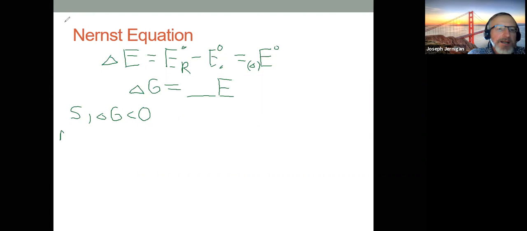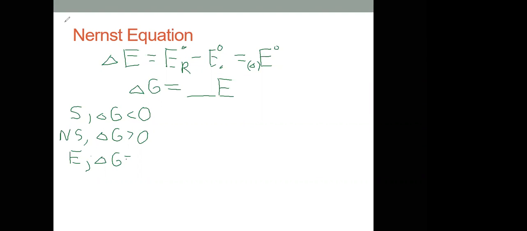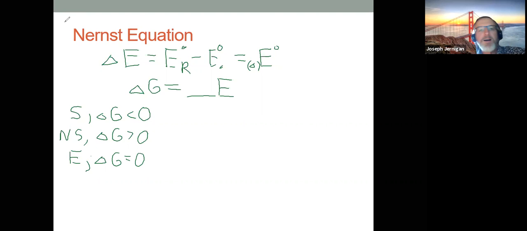And if it's non-spontaneous, delta G, of course, is greater than 0. And if it's at equilibrium, what is delta G? Absolutely. Awesome.